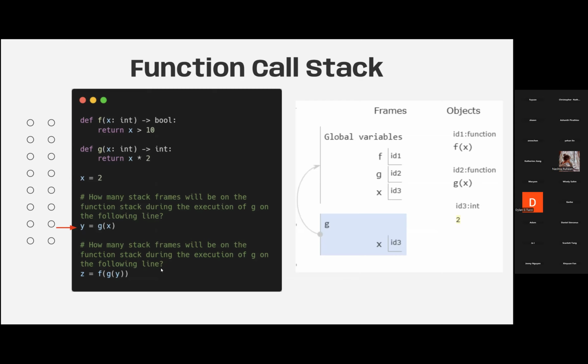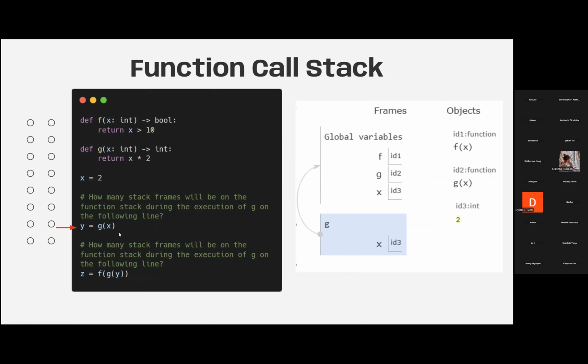And so maybe you would have thought 1 if it's after the execution, because after the execution, we get rid of the stack frame. But during the execution, we still have it, right? So the final answer will be 2.